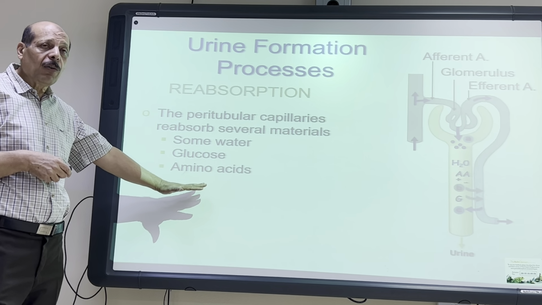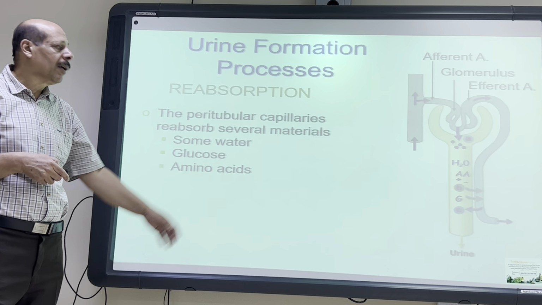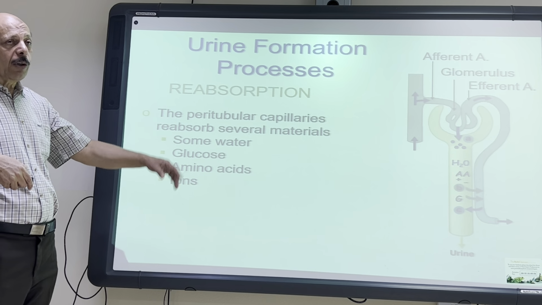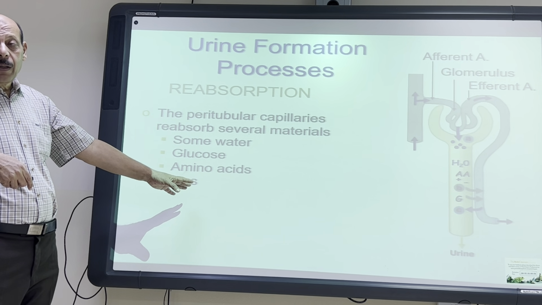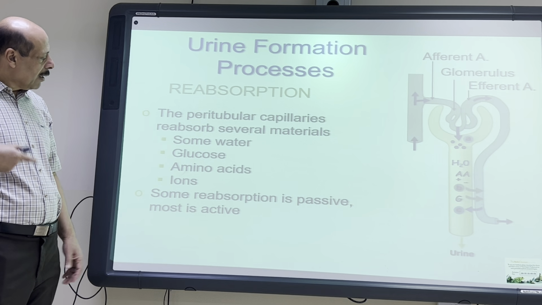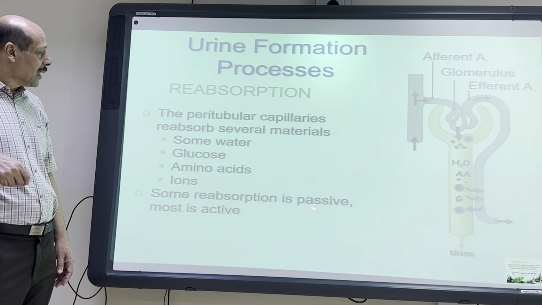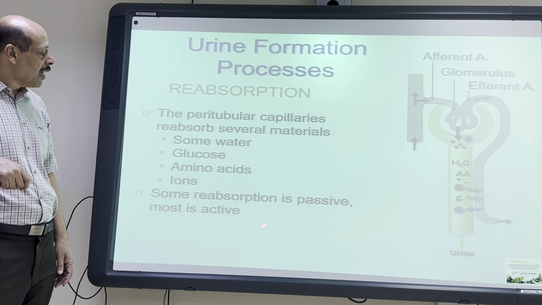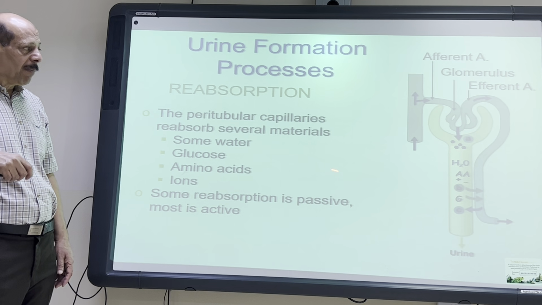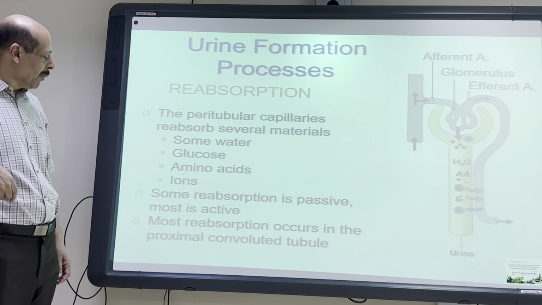Also, some amino acids which are needed will be reabsorbed again. Some ions, sodium, potassium, might be reabsorbed. Some reabsorption is passive, and some is active. So either passive reabsorption or active reabsorption will be there.